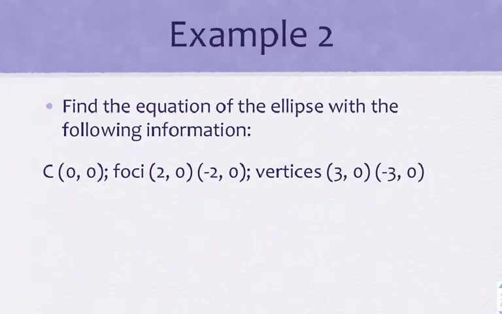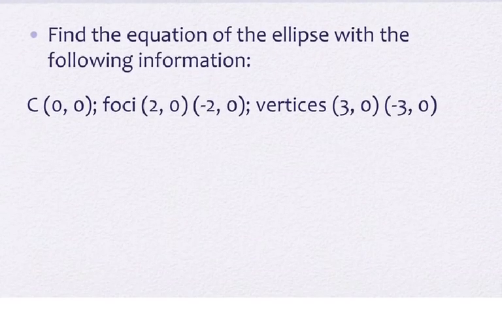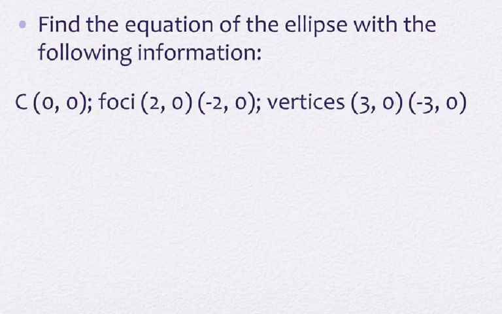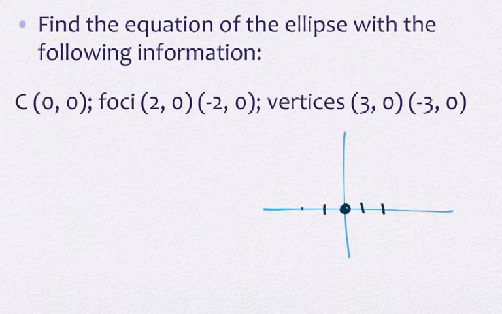Okay, let's try another one. Example 2 says find the equation of the ellipse with the following information. So again, center is 0, 0. I'm going to start there. The foci are 2 and negative 2. And the vertices are 3 and negative 3.